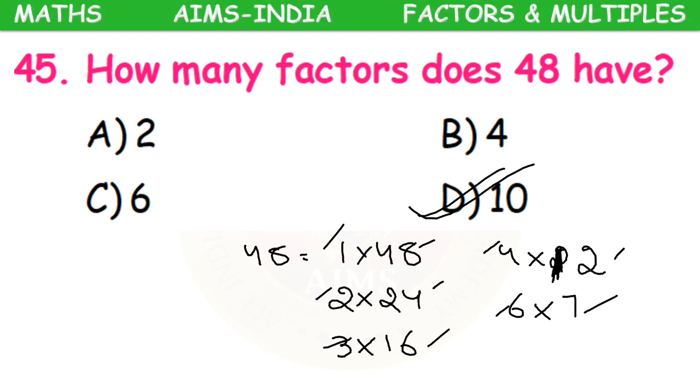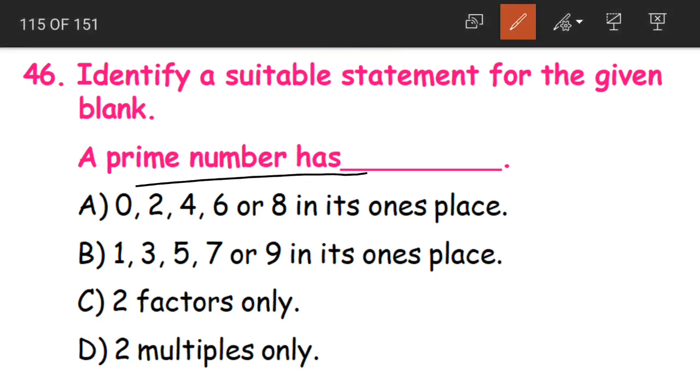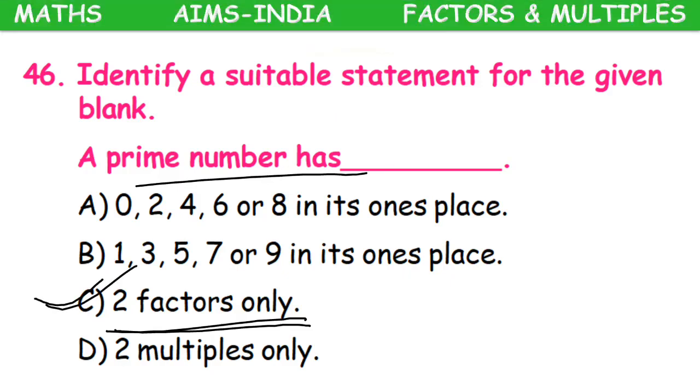Next question, 46. Identify a suitable statement for the given blank. A prime number has dash. What does a prime number have, children? A prime number has only 2 factors. So option C, only 2 factors, becomes our correct answer.